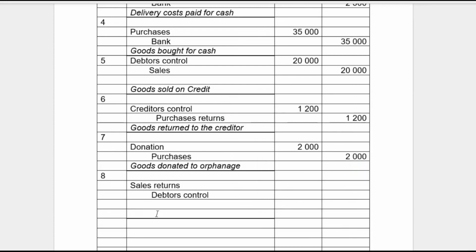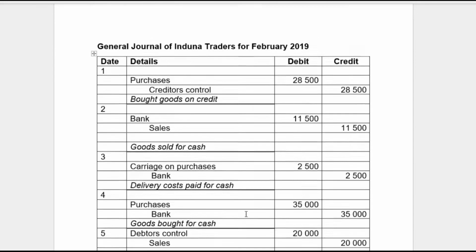And then narration, debtor returned goods, right? And then they returned goods for how much? 1,800. So that is our transactions that we did for periodic inventory system.